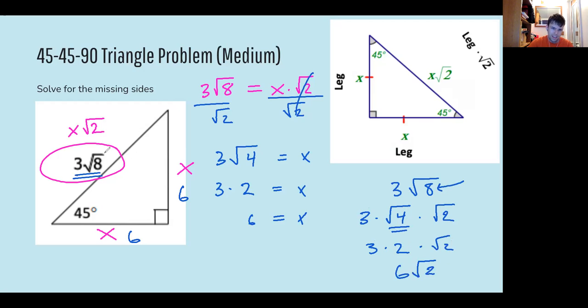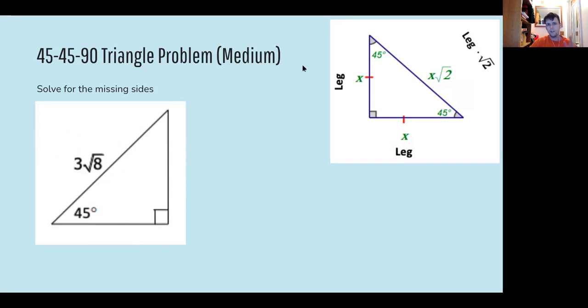So the proper form this should have been given to us in is 6 root 2, a reduced radical. Now we can see how this is x times root 2, and that these are x's. It was a little harder having it mixed up in that other way.